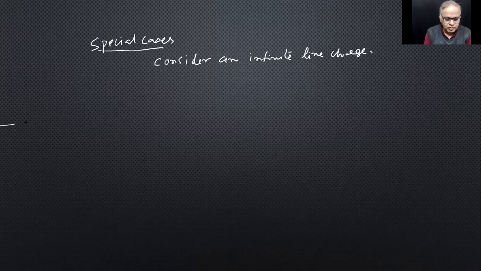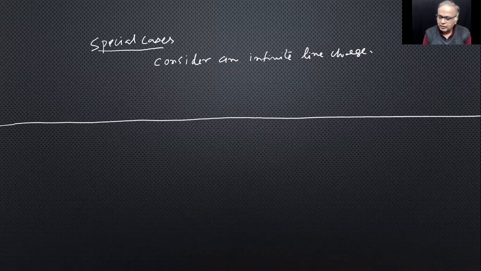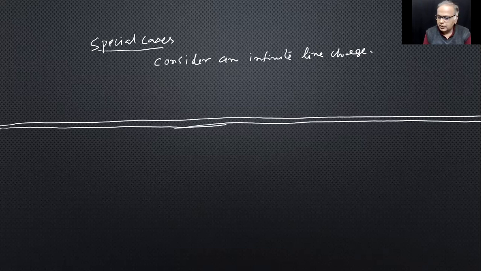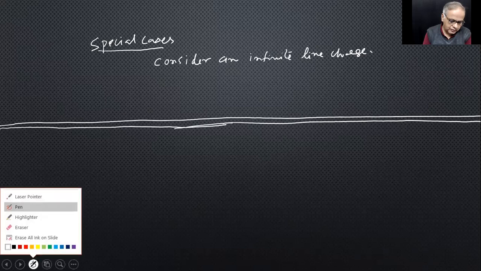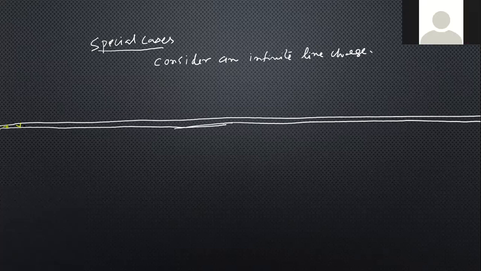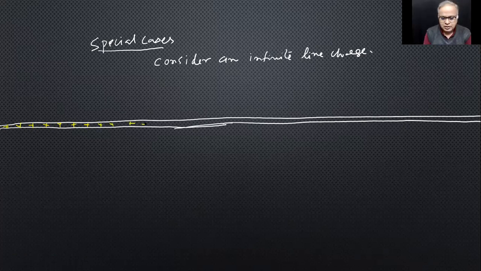Probably that line charge is now occupying my full screen. Do you understand what I mean by this? I don't know the length of it. All this is a uniform line charge spread on a very long object like that, whatever it is.